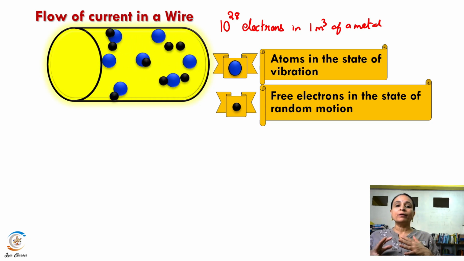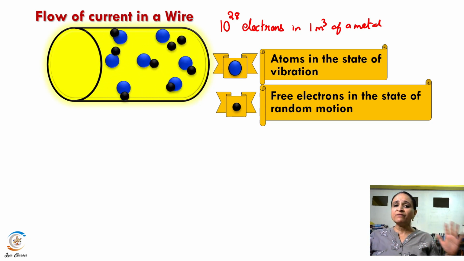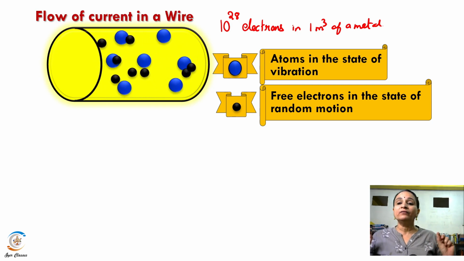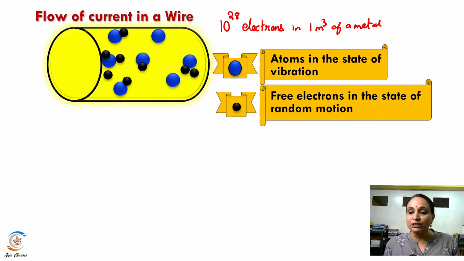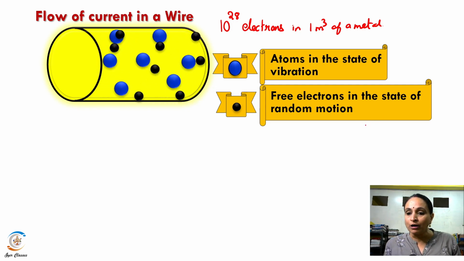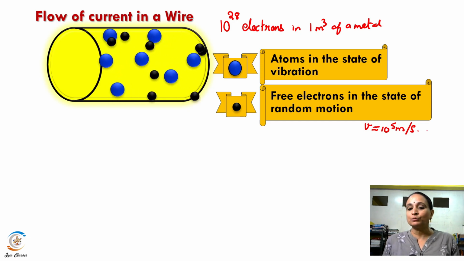They will be going from one atom to another, no specific direction, but at a very, very high speed. The thermal speed is approximately in the order of 10 to the power of 5 meters per second.